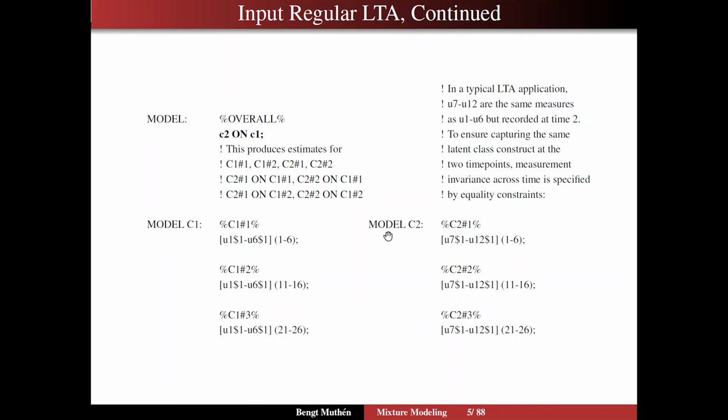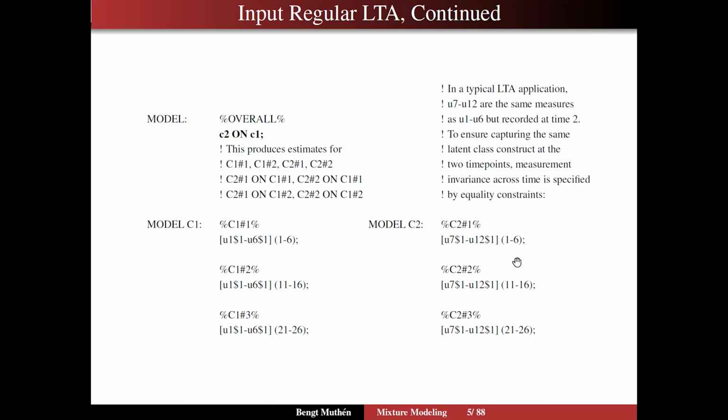Model C2 then, well, we repeat the same structure here, but we start then with U7, the second time indicators, 7 through 12, for each of the three classes.